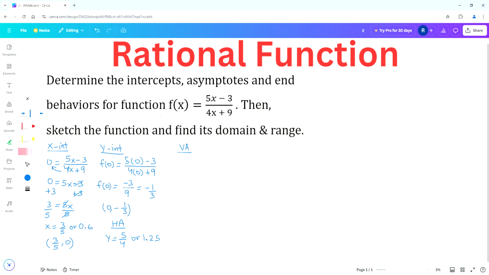Next, we can find the vertical asymptote. For the vertical asymptote, we should set the denominator equal to 0 and solve for x.